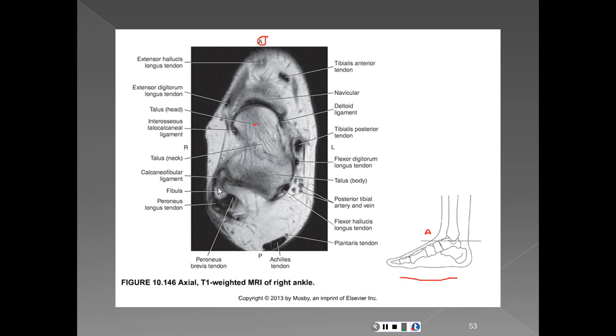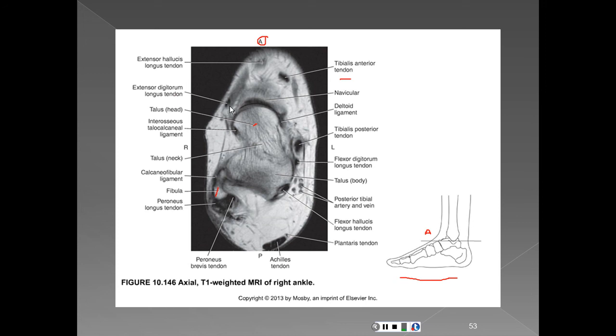And we have a little snippet of fibula coming up there. The tibialis anterior tendon, we know that that's dark, so that dark spot anterior to the talus is that tibialis anterior. And just lateral to the talus is the extensor digitorum longus tendon.